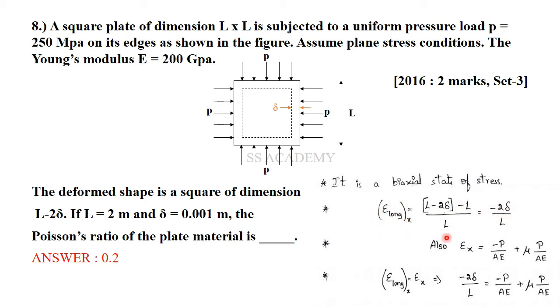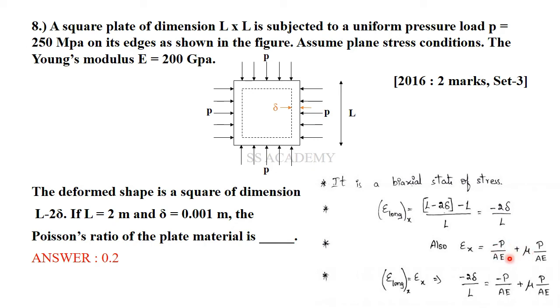Also, epsilon x, that is, the longitudinal strain in the horizontal direction, is calculated as minus P by A, which refers to the compressive stress created due to this compressive load. P by A refers to sigma. So it is minus P by AE plus, why is it plus?